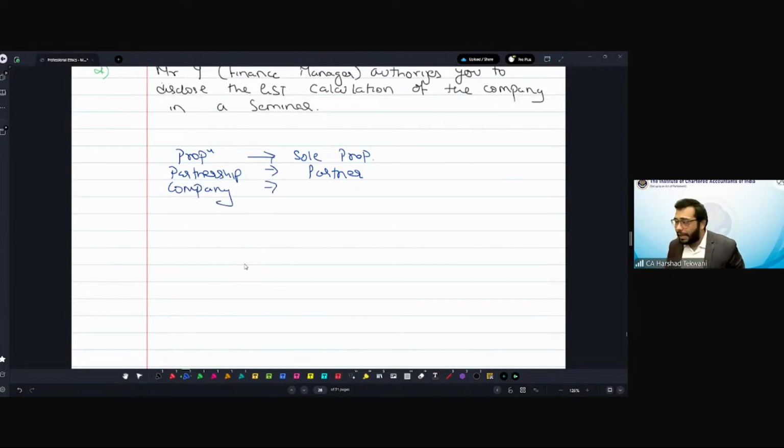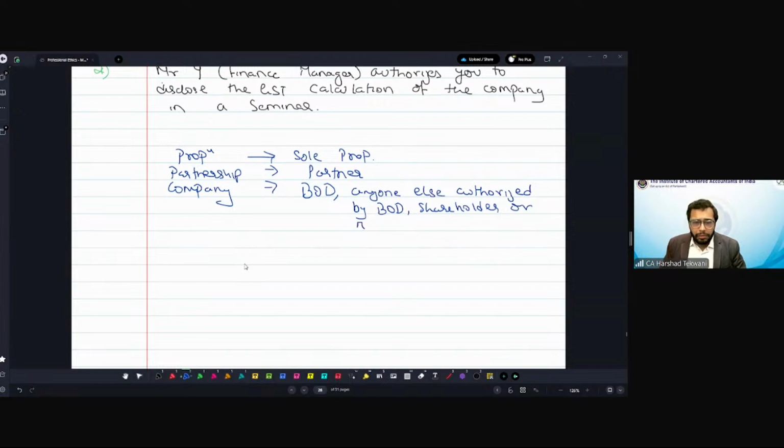In case of a company, either the board of directors are authorized to allow me to disclose any information because they are part of the management, or anyone else authorized by the board of directors or general body meeting by shareholders, or by MOA or AOA, articles of association.